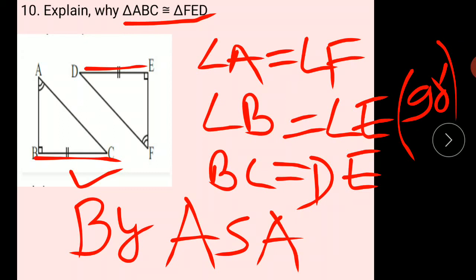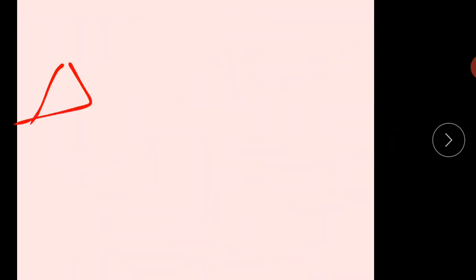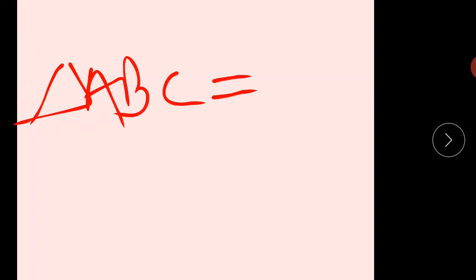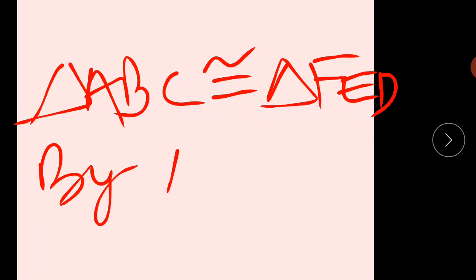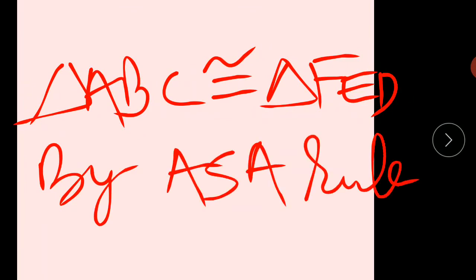So you may write, by ASA rule, triangle ABC is congruent to triangle FED. Okay, by which rule? By ASA rule. Okay, so I hope it is clear to you.